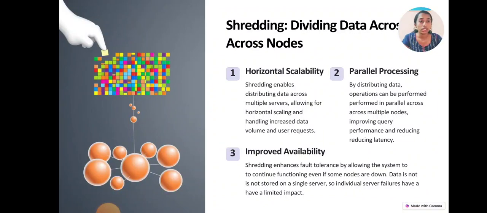Improved availability. Sharding enhances fault tolerance by allowing the system to continue functioning even if some nodes are down. Data is not stored on a single server, so individual server failure has a limited impact.